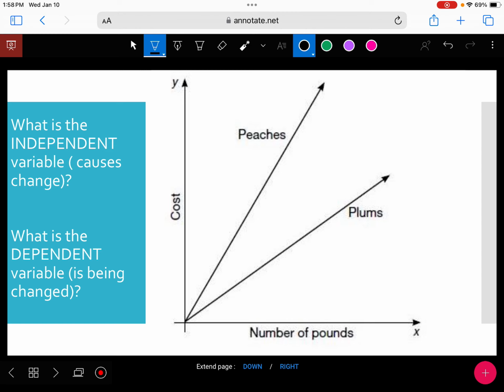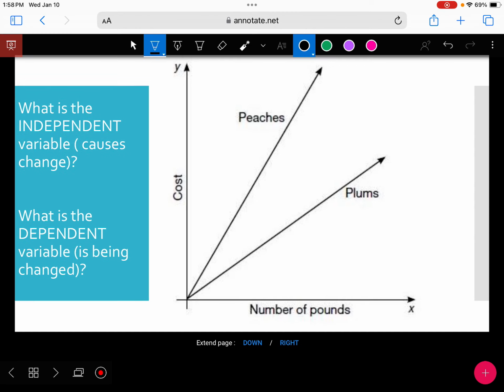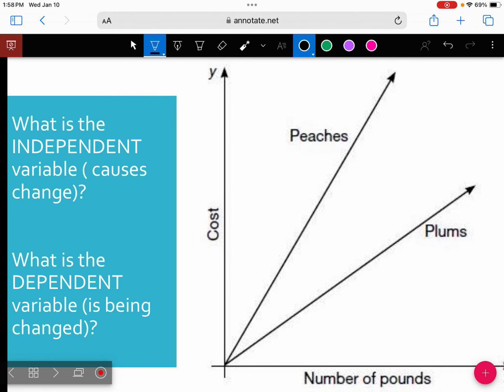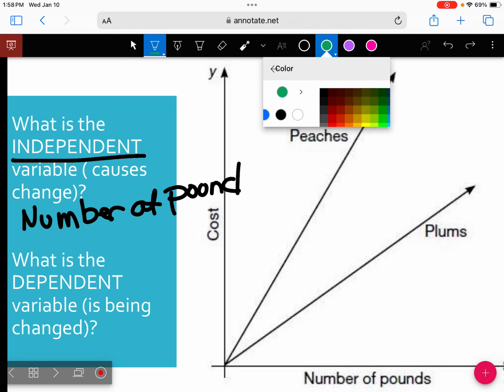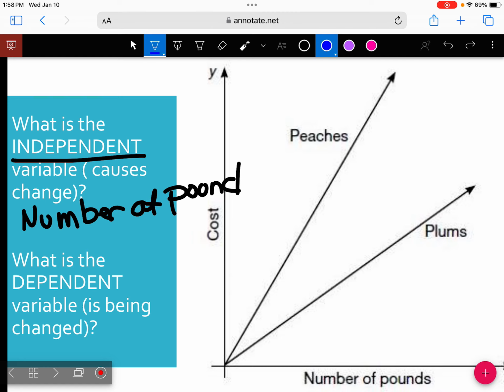The cost is our dependent variable that is changed because I changed my mind. So that's what I would put in that little space below too. Our independent variable, and I would write independent is the number of pounds. It's what we can control.